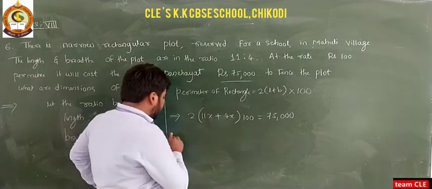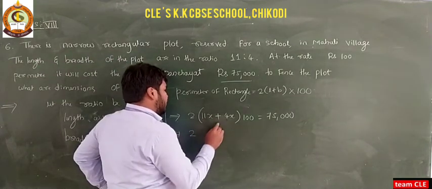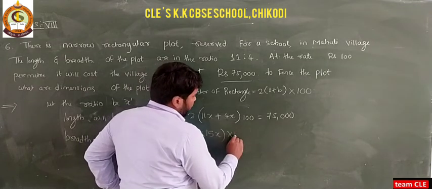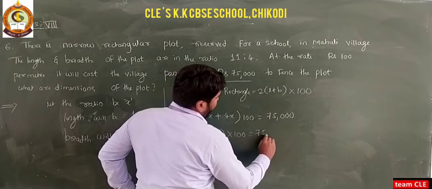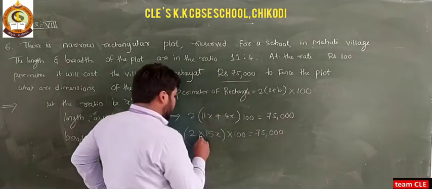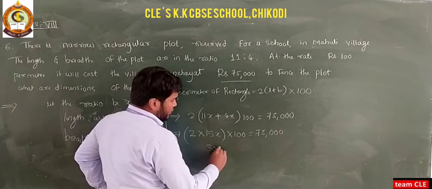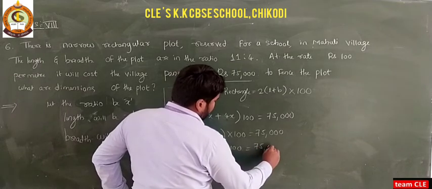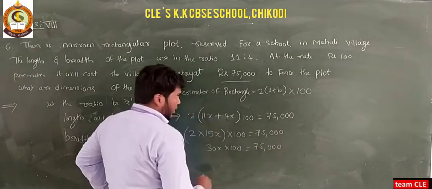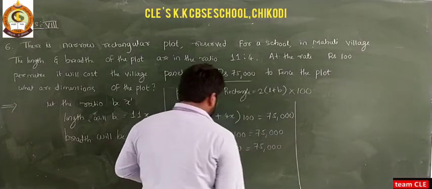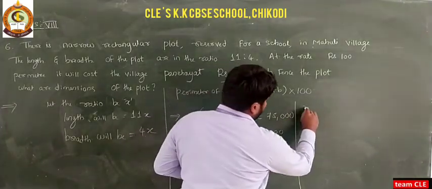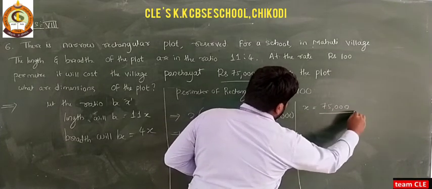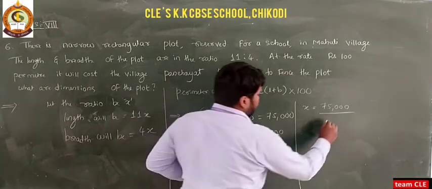Now 11x plus 4x is 15x, into 2 is 30x, into 100 equals 75,000. Solving this, 30x equals 75,000 divided by 100, so x equals 75,000 divided by 30 into 100.